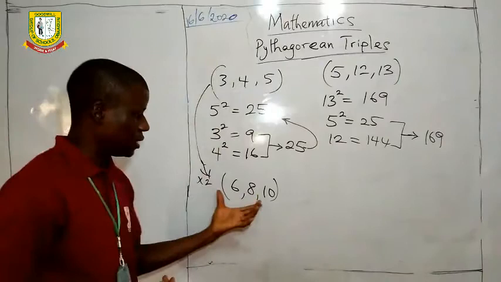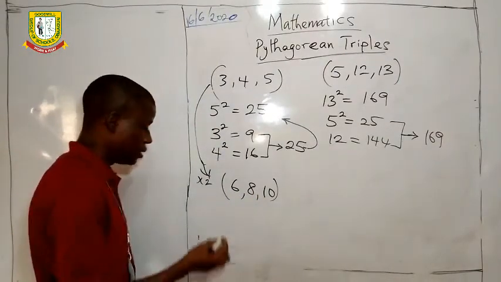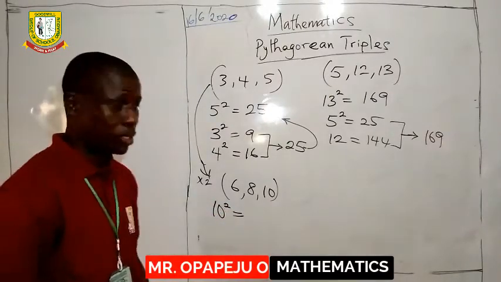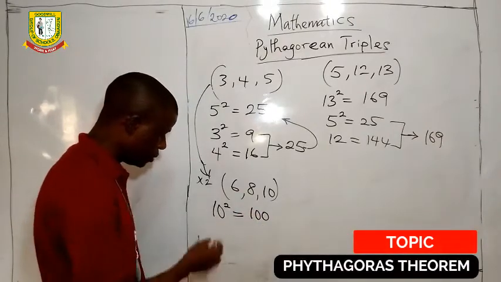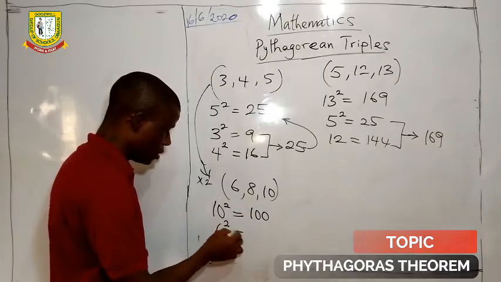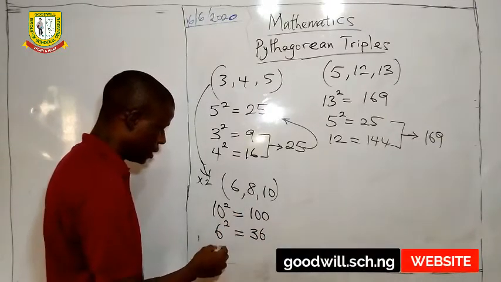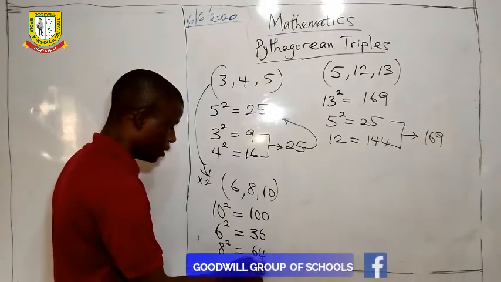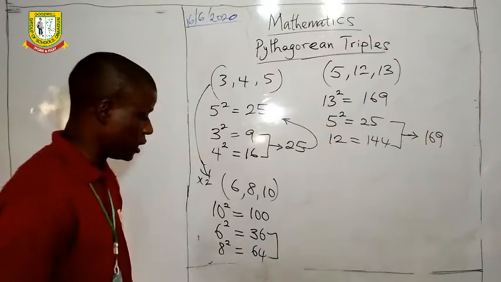Now let's check. 10 is the largest of these three numbers. 10 raised to power 2 gives us 100. 6 raised to power 2 is 36. 8 raised to power 2 is 64. Now let's add 36 and 64 together.